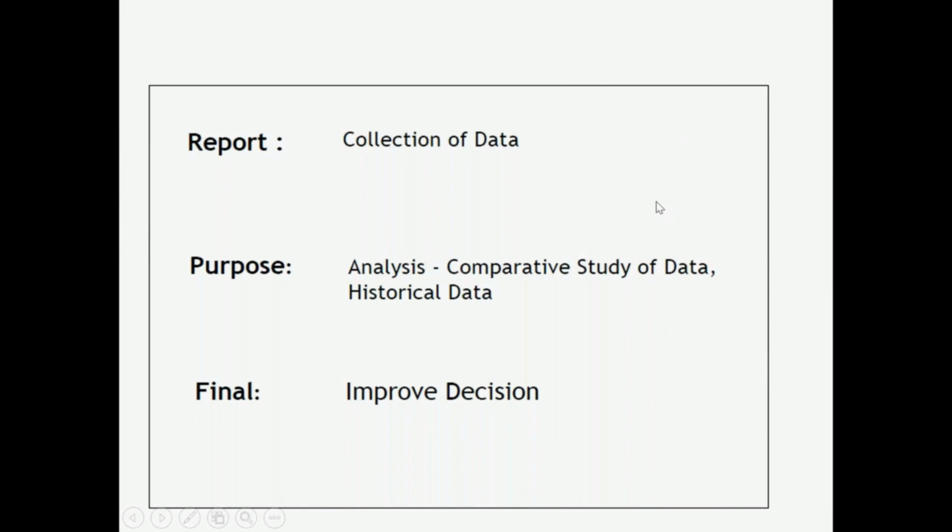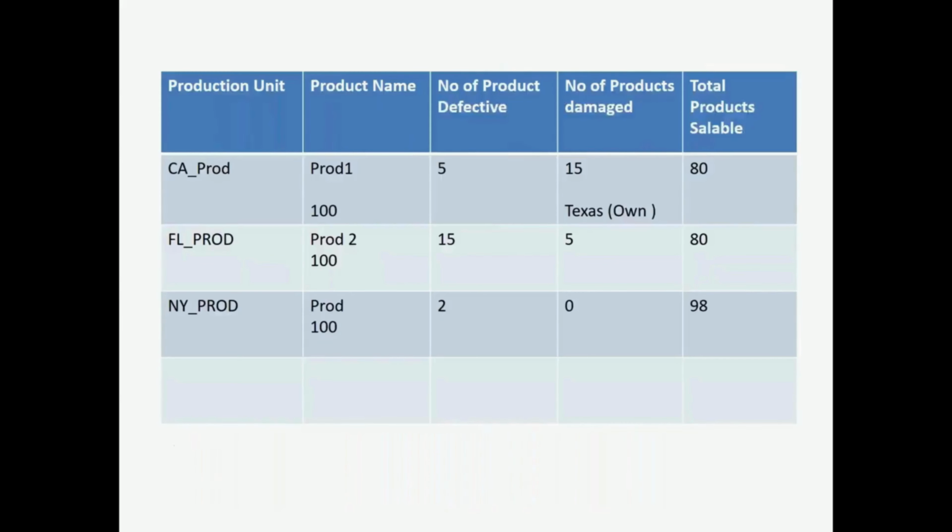Whatever dashboards or reports we develop using any tool, the purpose is that the user analyzes the data and finally takes the decision to improve the business. The purpose of the report is to take the right decision to improve the business.